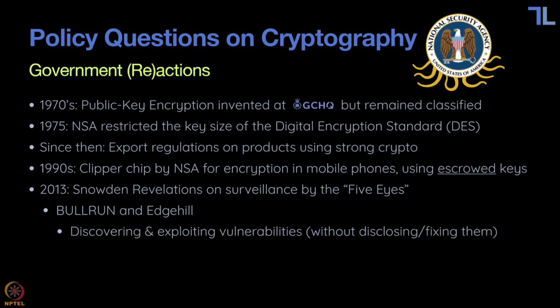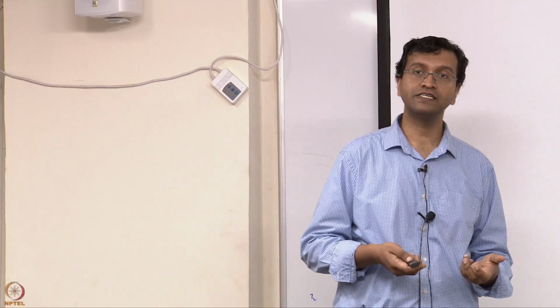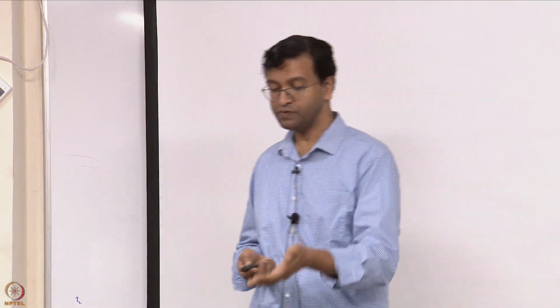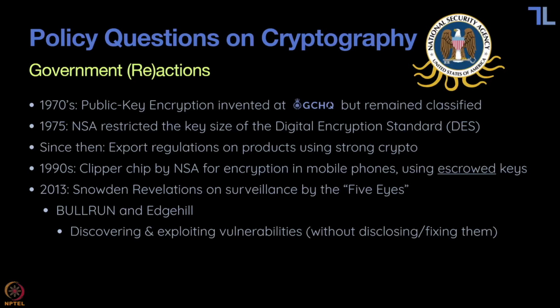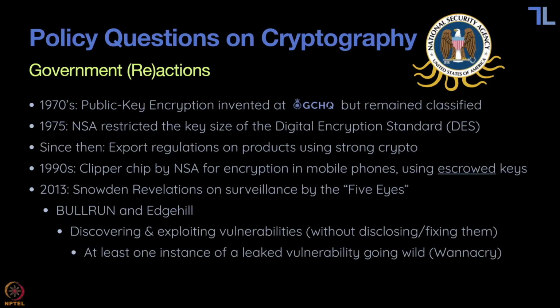The idea was to discover vulnerabilities, software bugs, whatever, and instead of getting them fixed, to exploit them. So these programs were sitting on collections of vulnerabilities that they discovered and didn't tell anyone about. There was at least one instance of one of those vulnerabilities leaking.